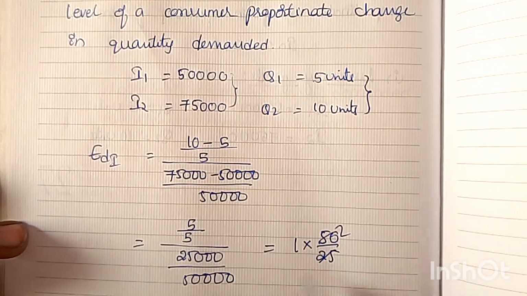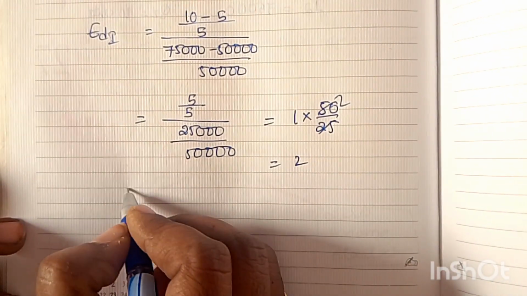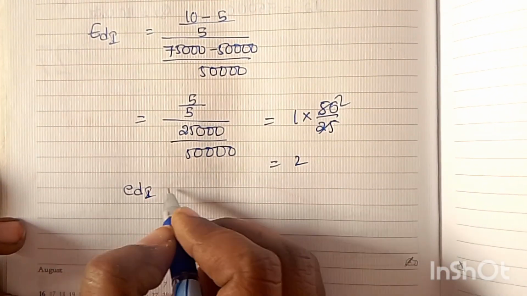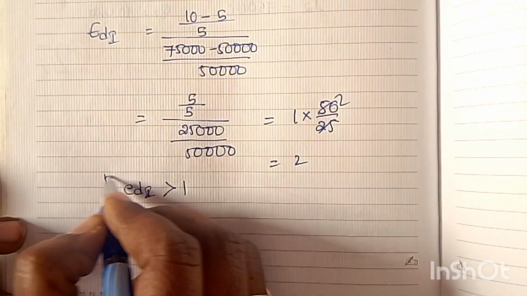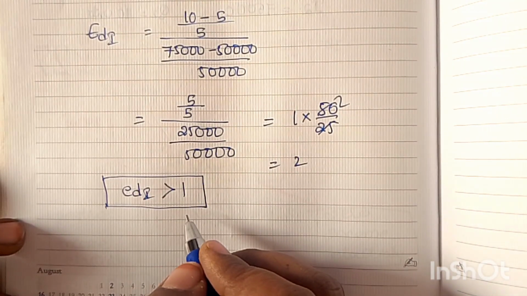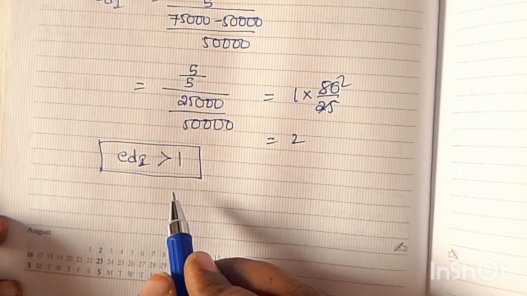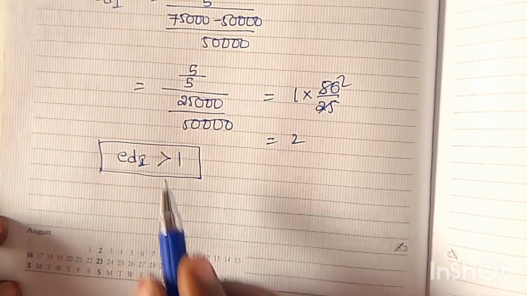So we get the answer 2. Here the elasticity of demand is greater than 1. In the case of positive elasticity for luxury goods, the elasticity is always greater than or equal to 1. So that is about luxury goods.